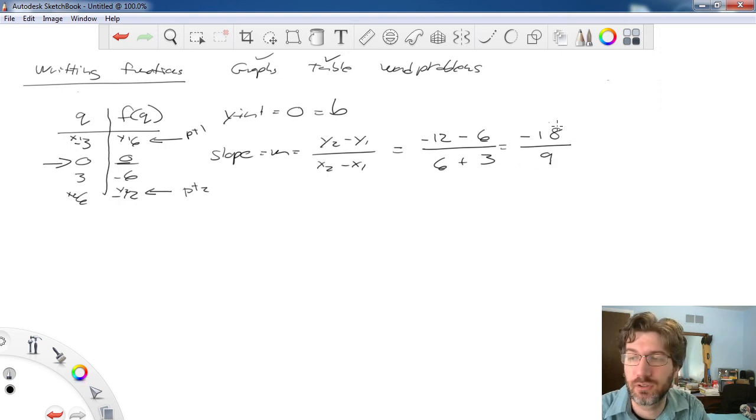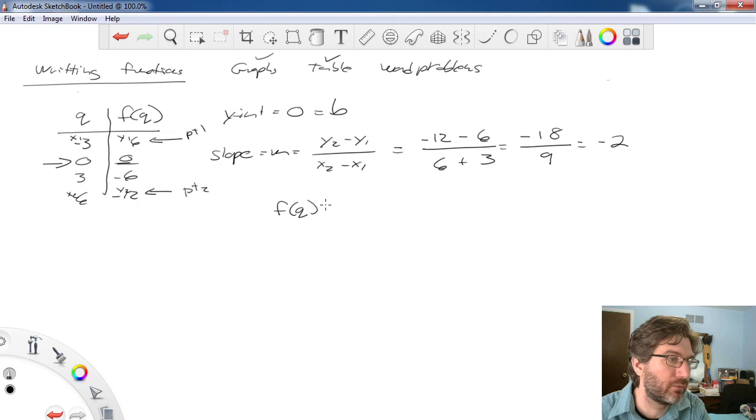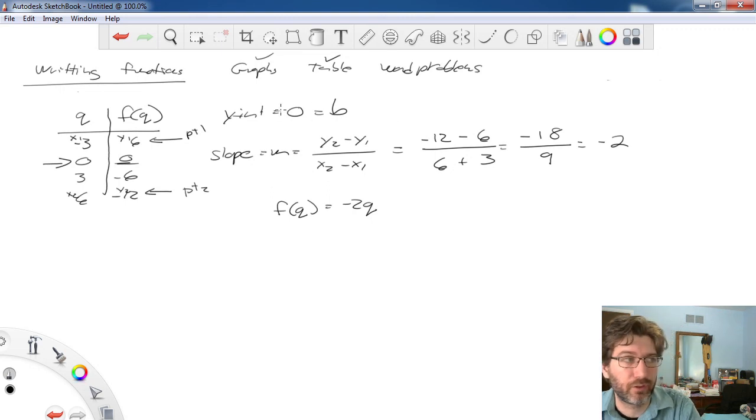You can reduce this: 18 divided by 9 works, and this gives you a negative 2. So your slope here is negative 2. Your y-intercept is 0. So f of q, because that's what we decided to call it, equals negative 2 times q plus 0, which you don't need to put on because it's your identity. And you're left with that.